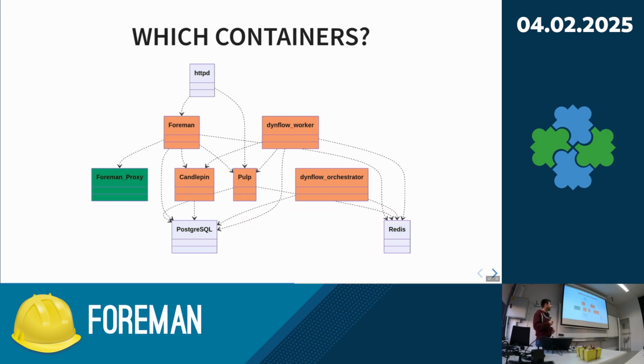The reason I'm painting it green here is because we do have in our POC environment a Foreman proxy running in a container for Katello, because Katello, to know which pulp to talk to, needs to talk to the proxy first, because that's how it does service discovery essentially.